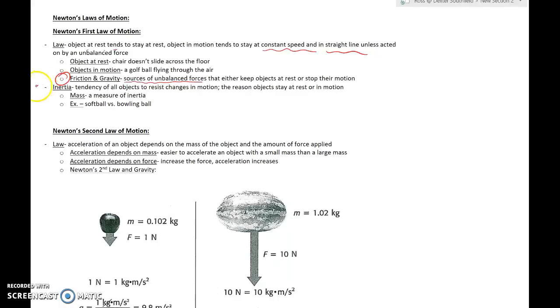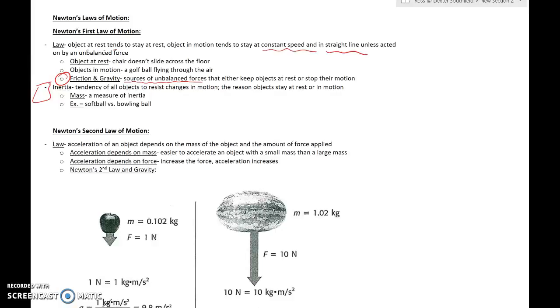So this idea down here, inertia, it says the tendency of all objects to resist changes in motion. So that golf ball that's flying through the air, it resists a change to its motion that would be otherwise caused by gravity. That chair that is sitting there not moving, it resists moving, and the reason for that is because of inertia. Another word for inertia is mass.